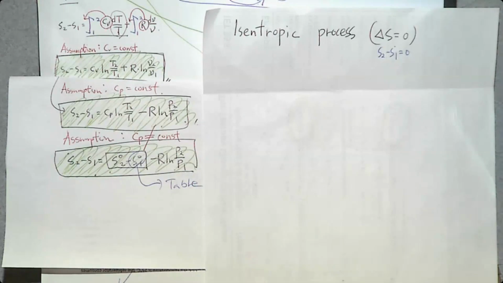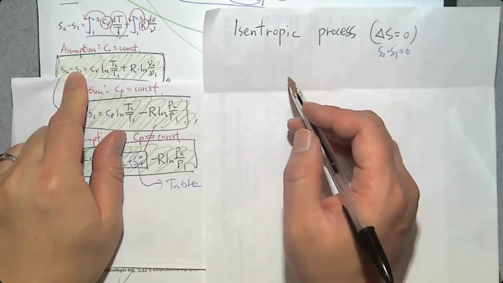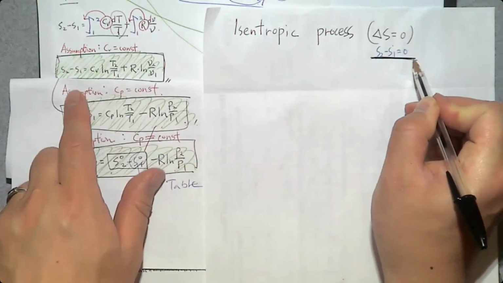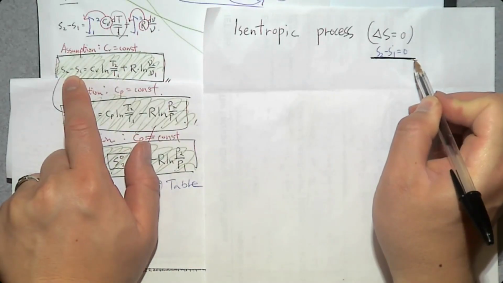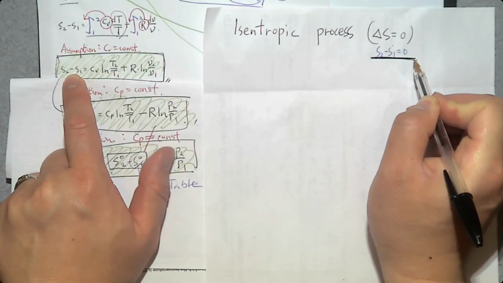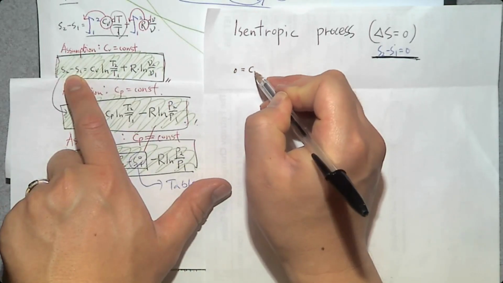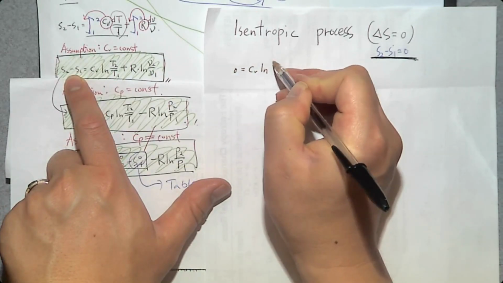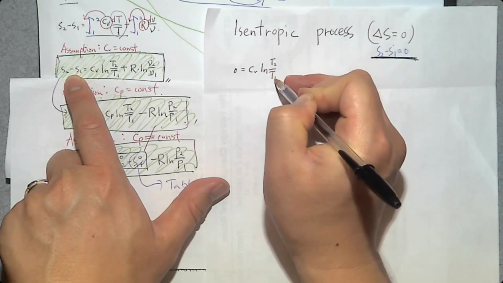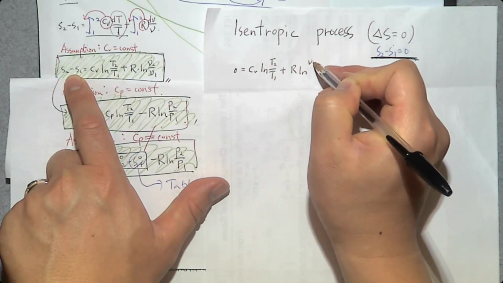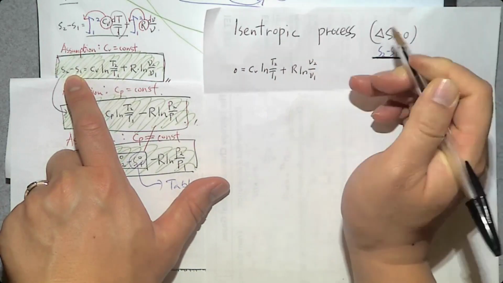So let's use the first equation. The first equation is this one. When we assume entropy remains constant, the left-hand side of this equation goes to 0. So 0 is Cv natural log T2 over T1 plus R natural log V2 over V1.